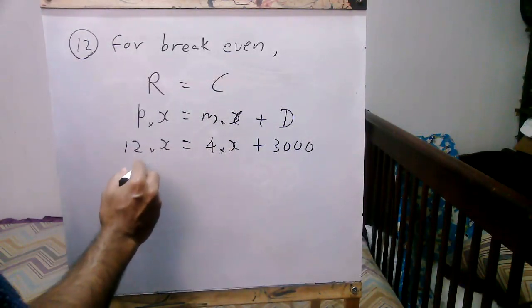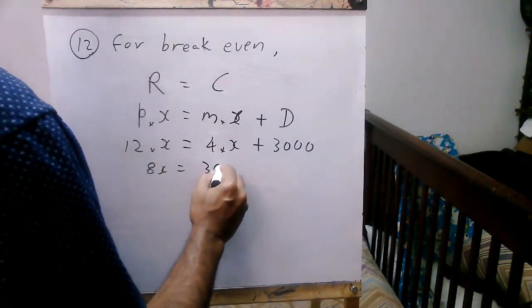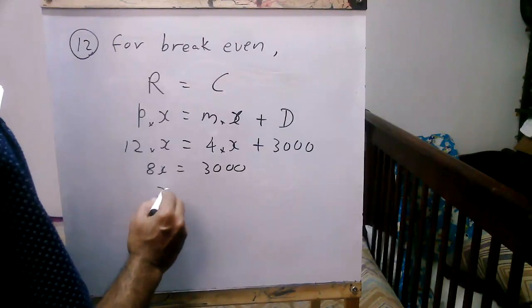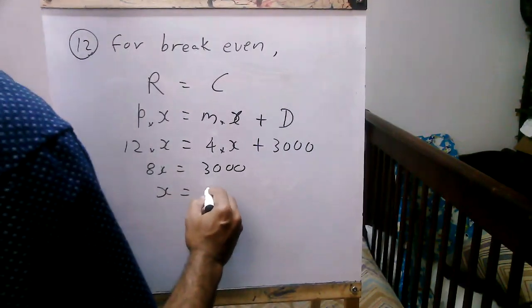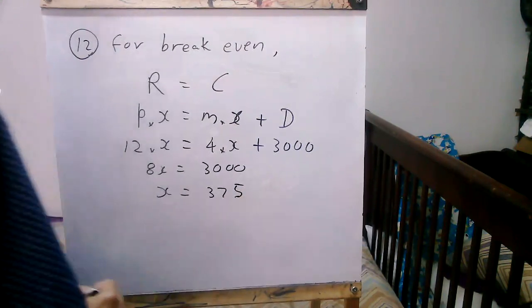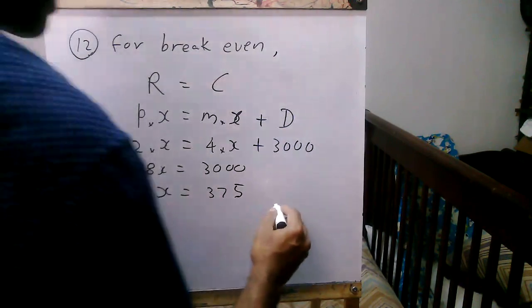Move x's to one side, we get 8x equal to 3,000. x equals, divide both sides by 8, we get 375, which is answer choice C.